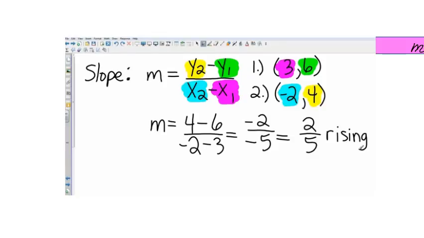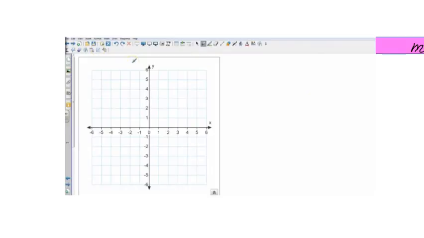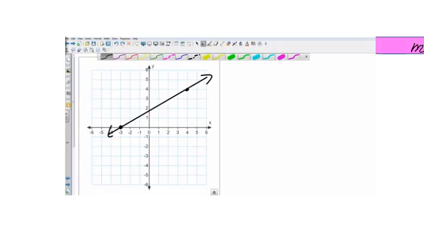Now, one final thing to look at, and we'll be done. Let's go ahead and look at a graph. Let's say I have this point and this point, and I'm going to create a line out of those. Okay, I'm going to go with that one. If they ask me to find the rate of change, which is the slope, there's two things I could do.